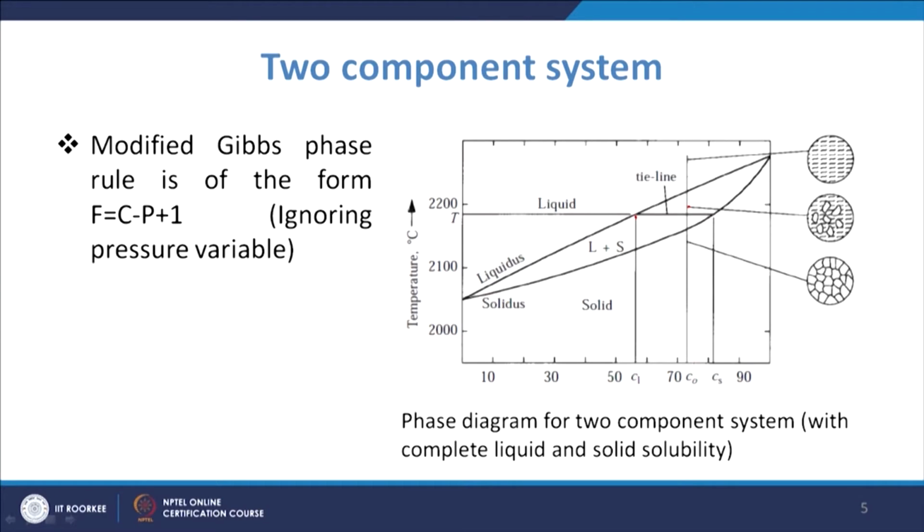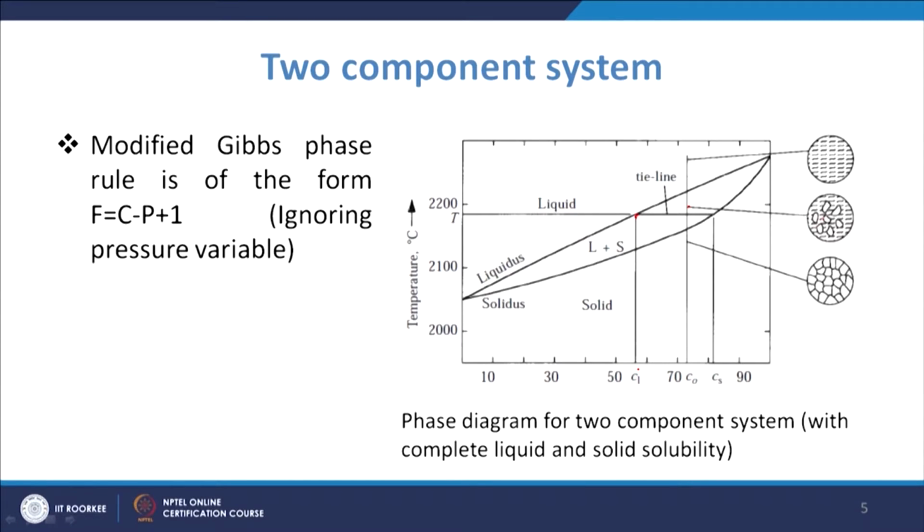If you have the melt of composition C naught, when it reaches this point, this tie line is touching the liquidus line at this point. So, corresponding to this point, this is the composition of the liquid. So, at this point you have liquid as well as the solid zone.